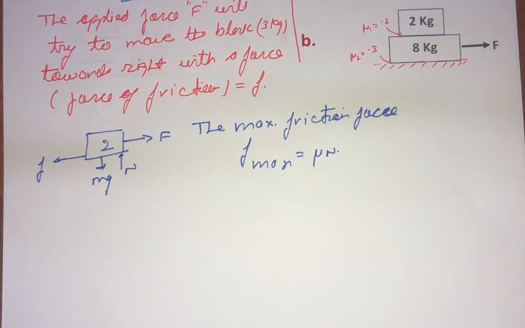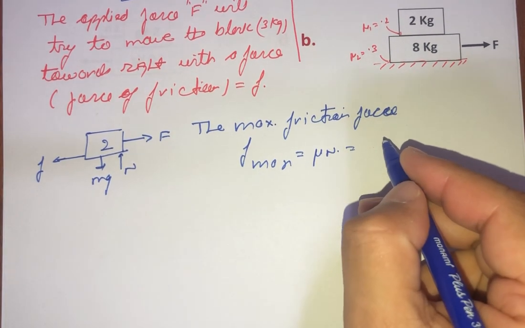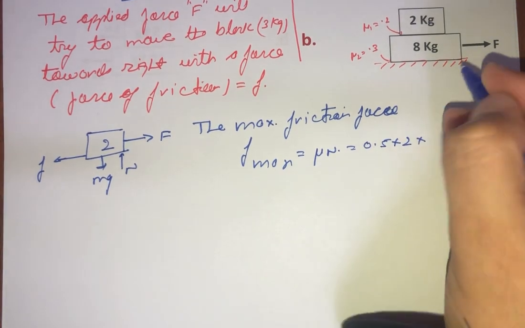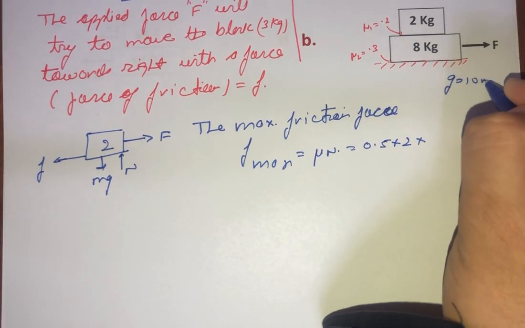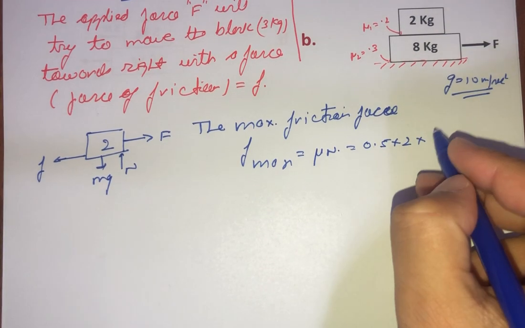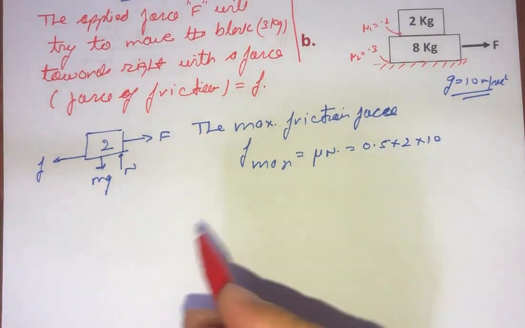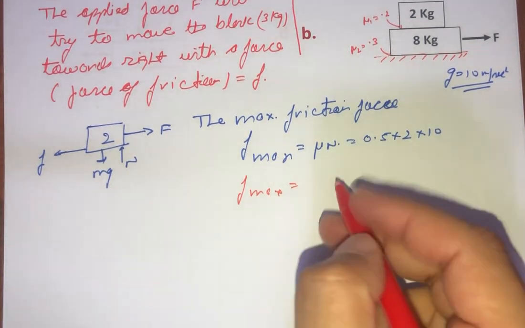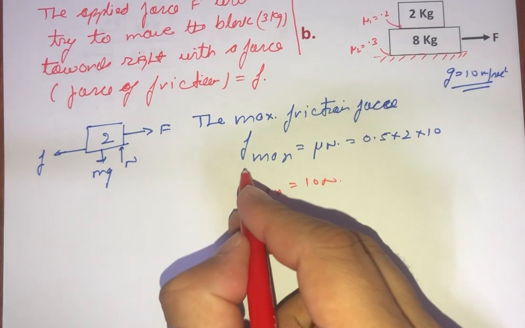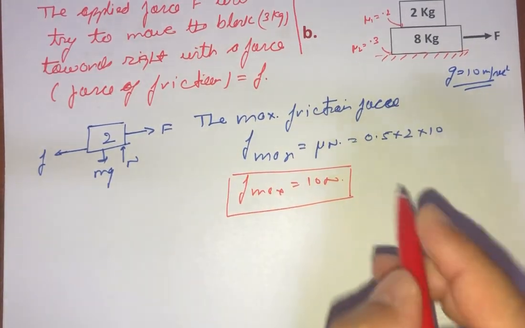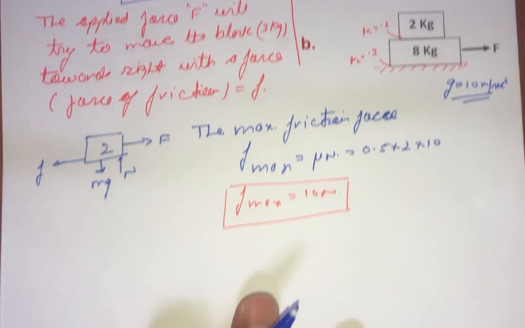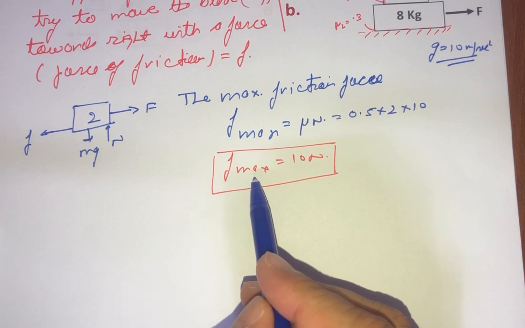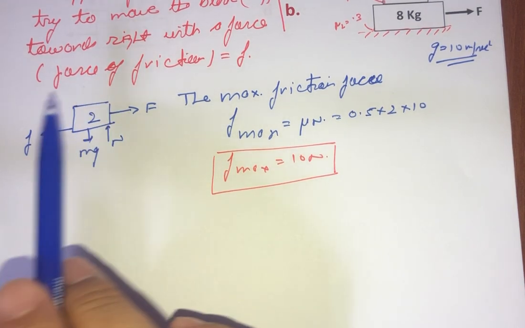So mu is given as 0.5, so we have 0.5 into 2, g is taken as 10 meter per second square, so we have 10, so we get F max as 10 Newton. So it means this will also be the maximum force acting on the block having mass 3 kg towards the right.